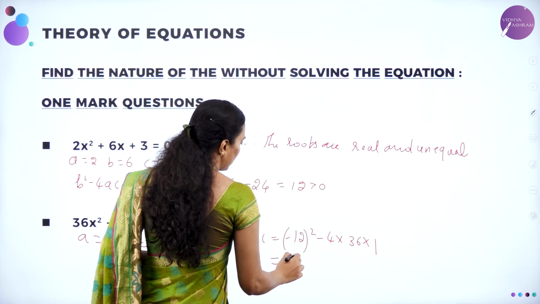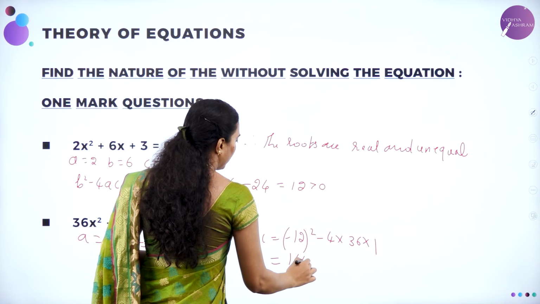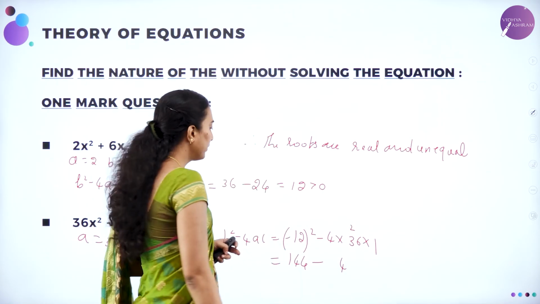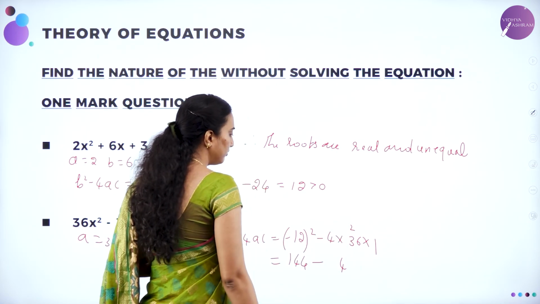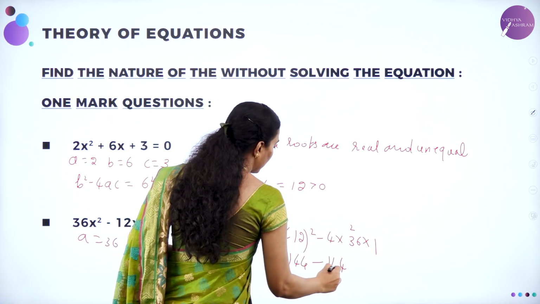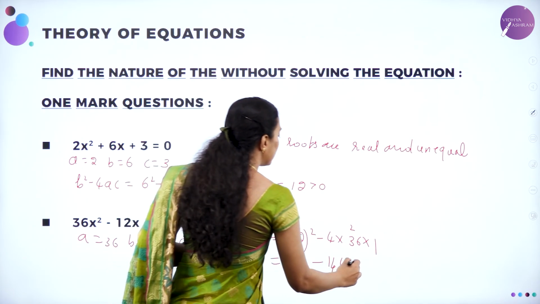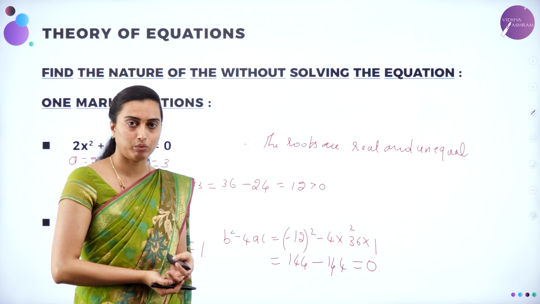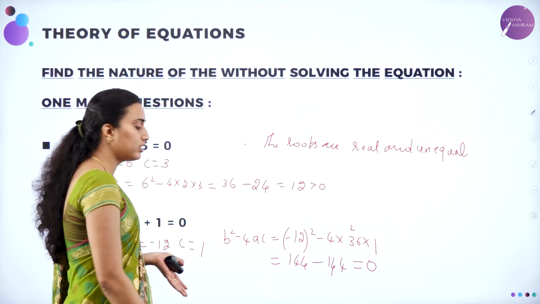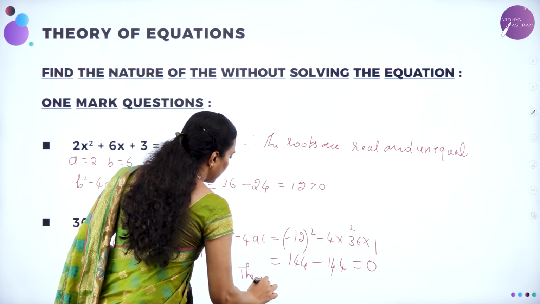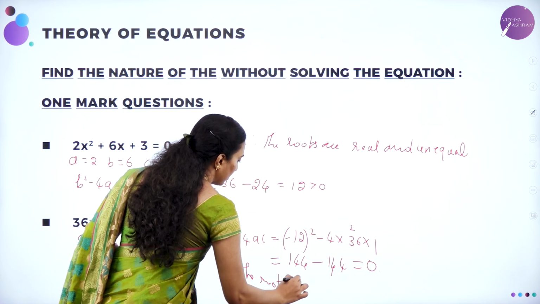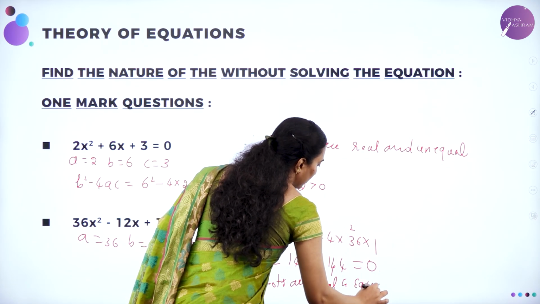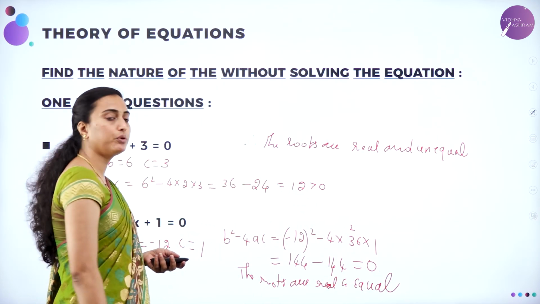So 12 squared is 144, minus 6 4s are 24, 2 is a carry over, so 4 3s are 12, 12 plus 2, 14. So which will be equal to 0. So if it is equal to 0, it means the roots are real and equal. So therefore here you can write it as the roots are real and equal. Okay, I hope you got this one.